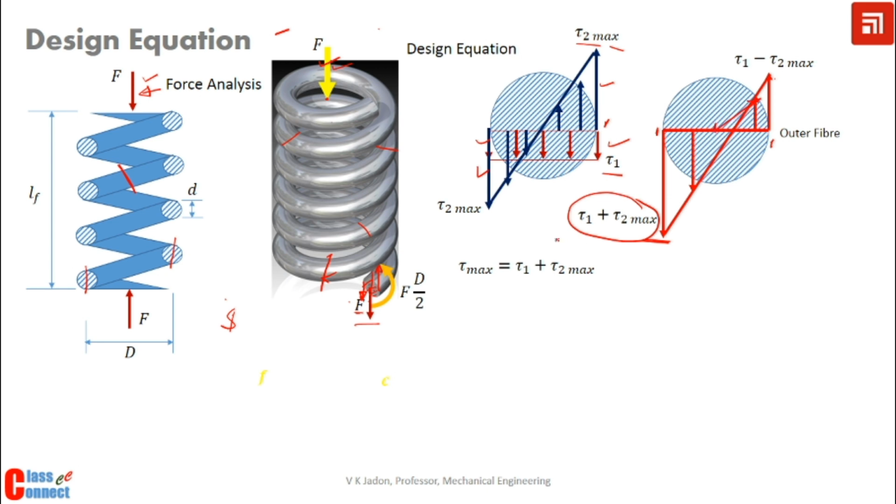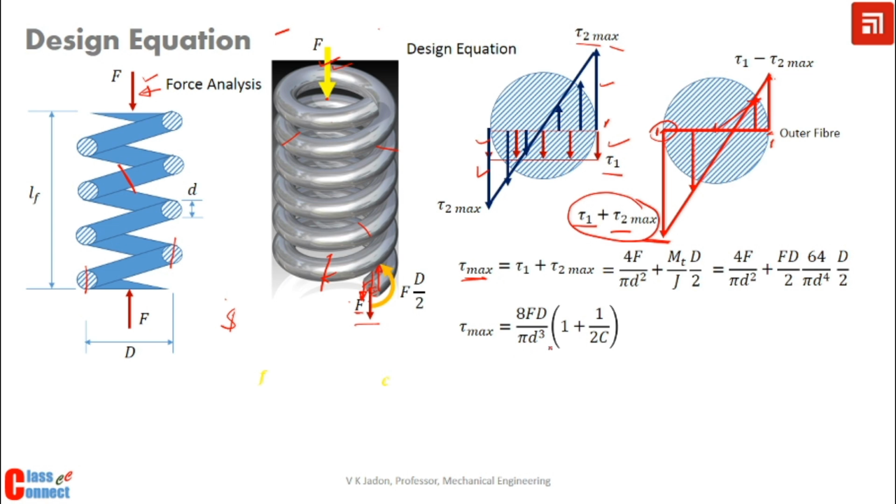So this is the point of maximum stress, whether you write here or here, the tau 2 maximum will remain the same, but we will be writing tau 1 plus tau 2 to get tau maximum to fit into our design equation. So after substituting, we get this expression.